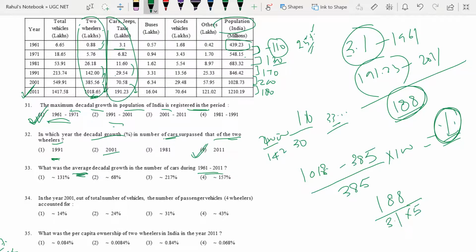So total 5 decades are there and just multiply with 100. So I am doing it approximately, around if I will take the figure, it is around 126%. Around 126% means option 1 is the correct answer.